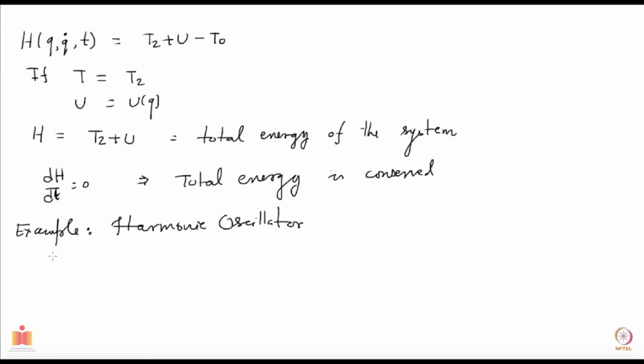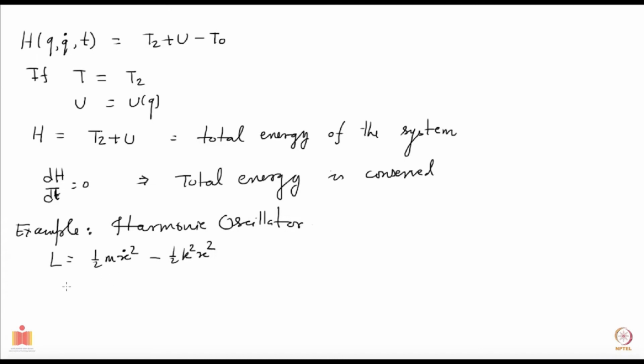And if you recall, the Lagrangian is simply half m x dot squared minus half k x squared.